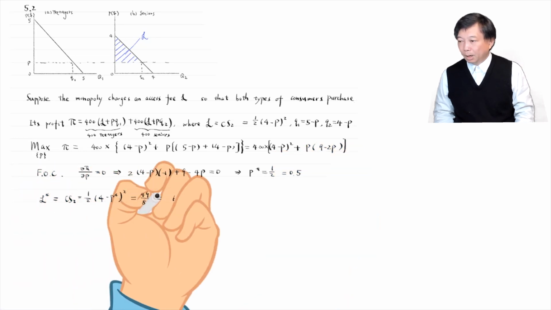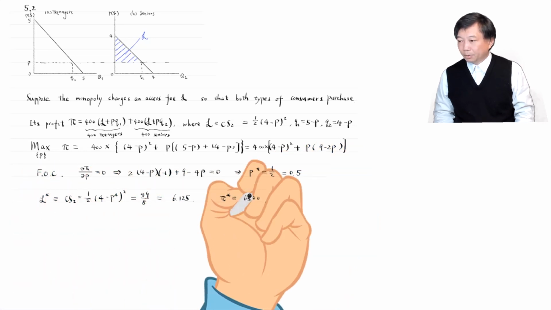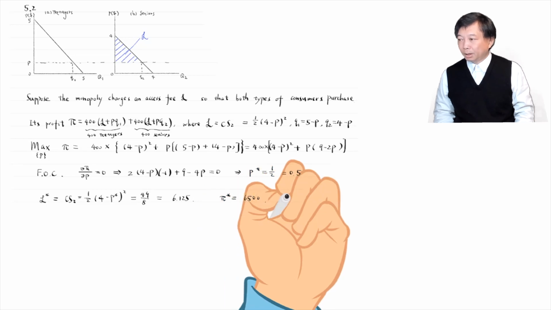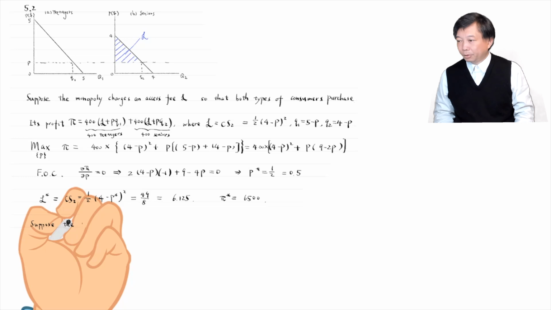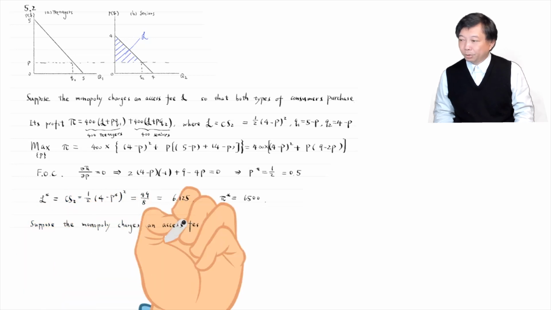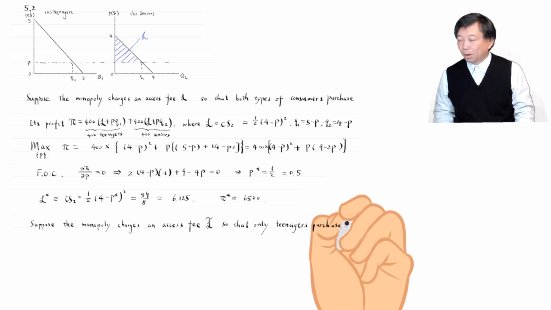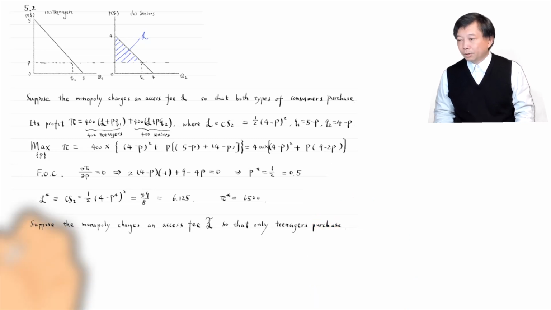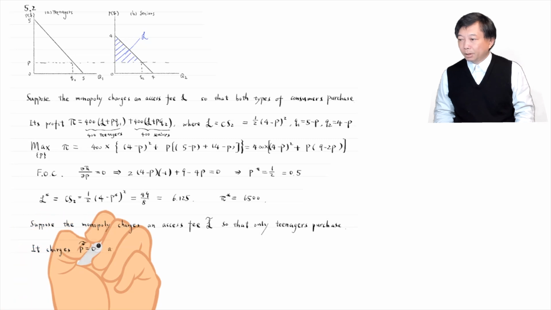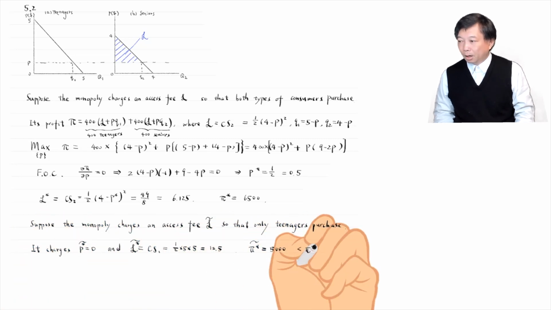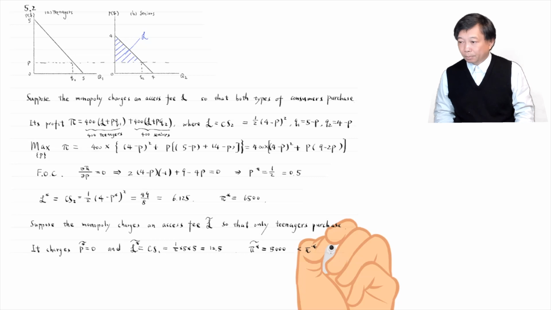6.125. The monopoly's profit is 6,500. We then consider the other case, when the monopoly charges an access fee equal to the potential consumer surplus of teenagers, so that only teenagers purchase. It charges a price equal to 0 and an access fee of the teenagers' consumer surplus, 12.5.